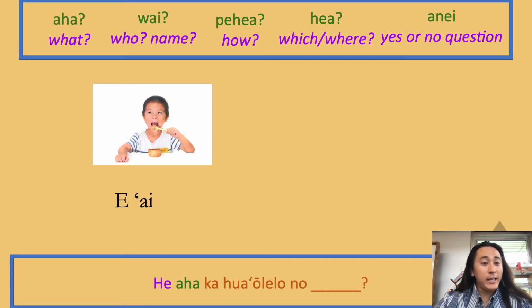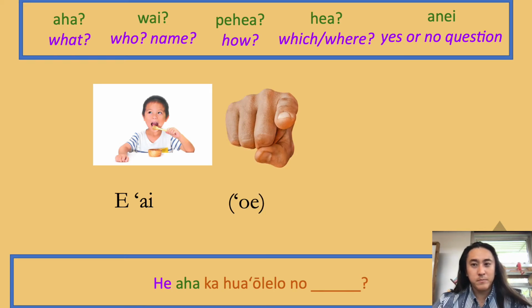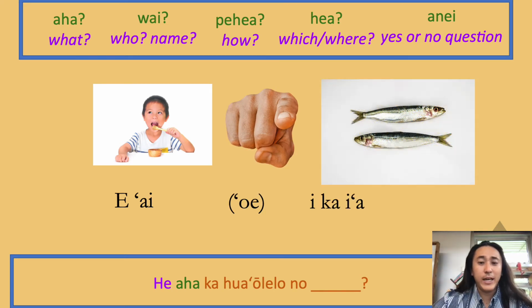So e 'ai ('oe) i ka i'a. E 'ai ('oe) i ka i'a, go eat the fish. With this E marker in front, you're going to eat the fish right now.